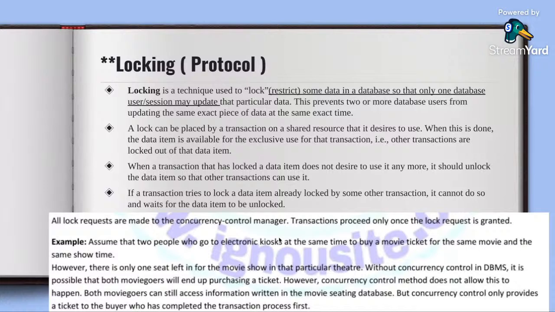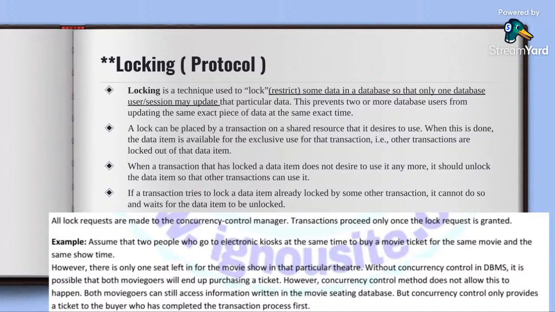It'll say we have to wait, because there's another transaction which is already making changes to that data item, so you have to wait until it releases that lock. Once the previous one releases the lock, the other transaction which wants to manipulate that data item will be granted access to the lock.